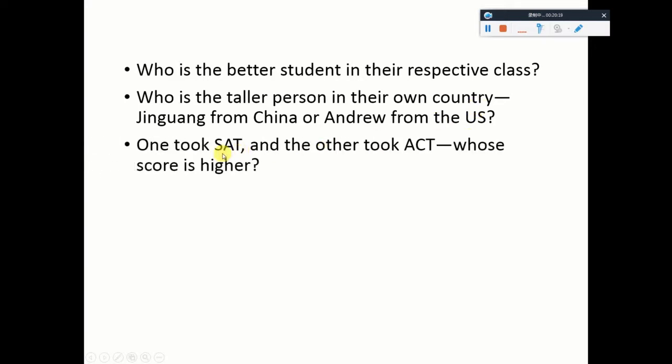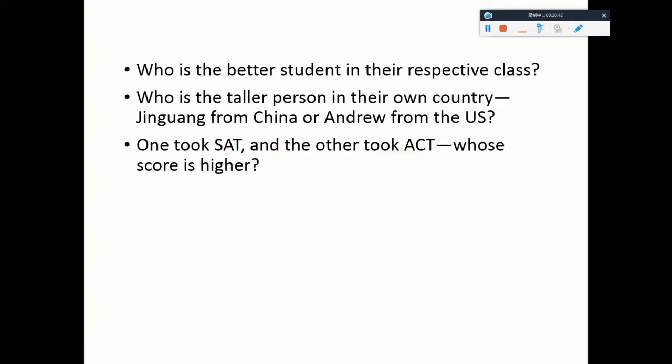And also, one took the SAT and the other took the ACT, two different kinds of entrance examination. Well, who scores higher? We can't compare these two scores directly because obviously they're different kinds of tests and their scores are differently distributed.